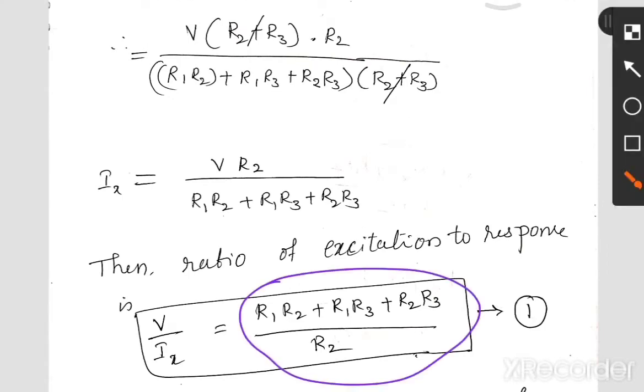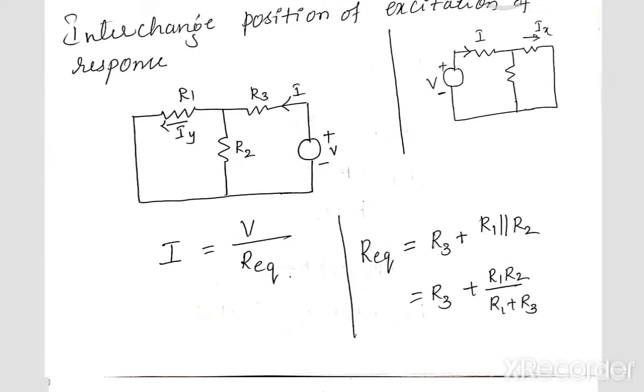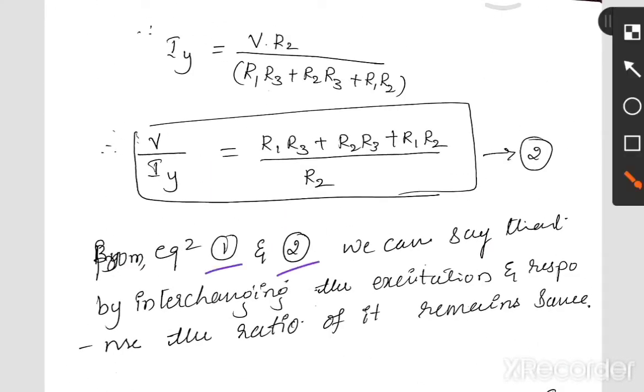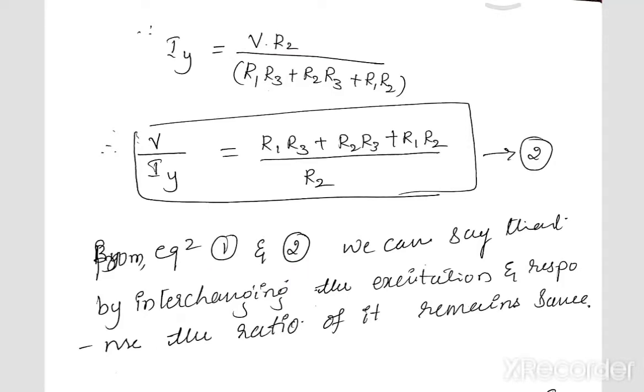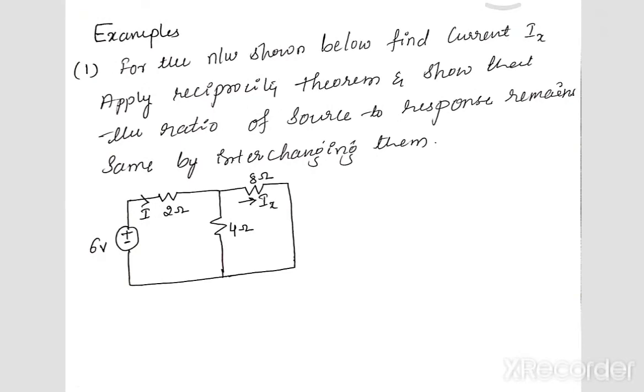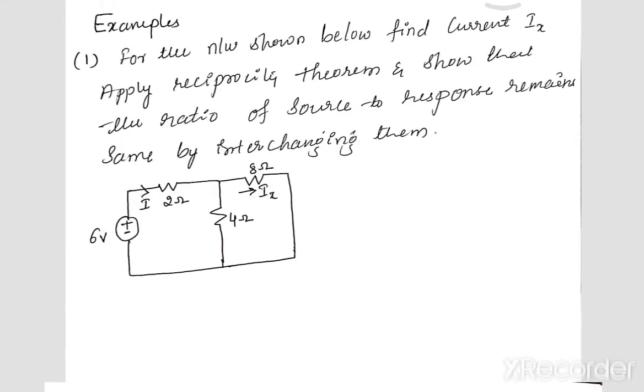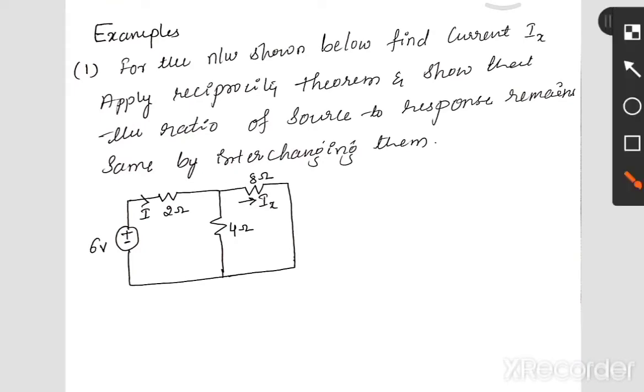These two are the same. From equations 1 and 2, we can say that by interchanging the excitation and response, the ratio remains the same. Hence the proof of this reciprocity theorem.